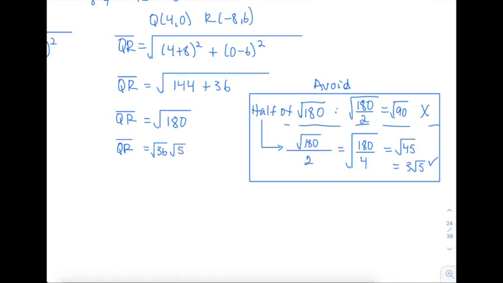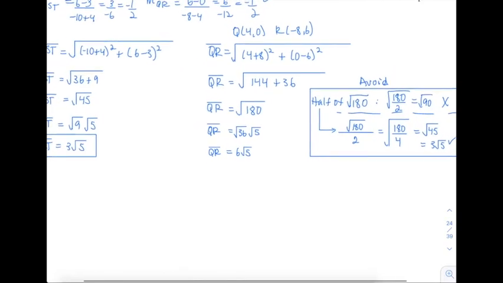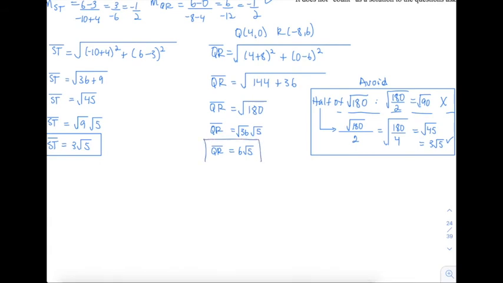Students divide by 2 because they think it's easier than reducing this, but then they mess it up. I know that 6 root 5 is 2 times 3 root 5, and then I'm done. You just simplify it to half of 6 root 5.